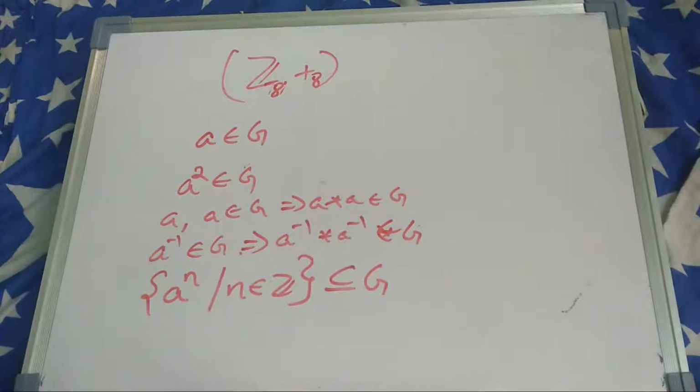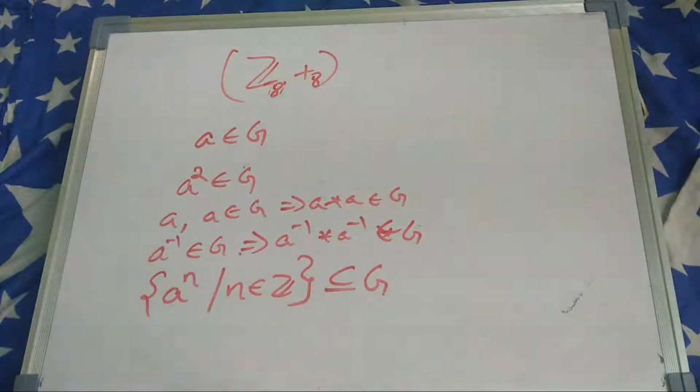So hopefully you are clear with what I am trying to say. Since A belongs to G, A power n for every n in Z is going to be in G. So A power n for every n in Z will be a subset of G. Now our claim is this will form a subgroup of G. So we will try to prove whether this is true or not.